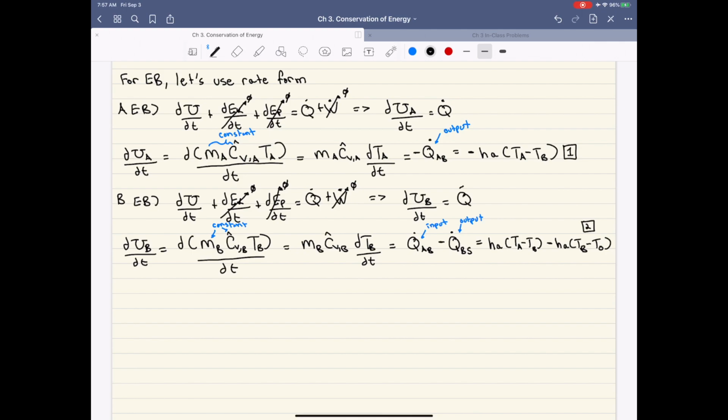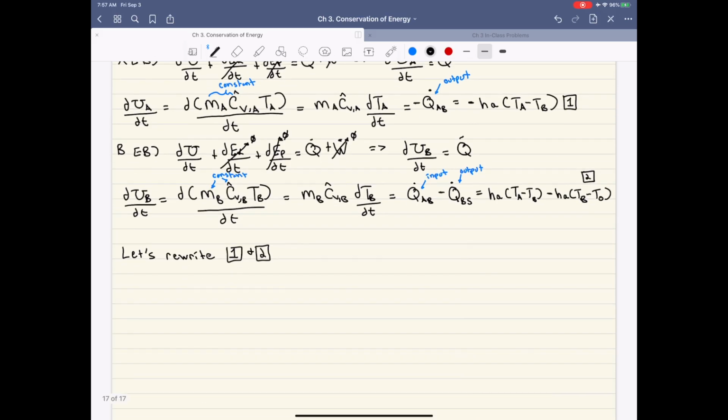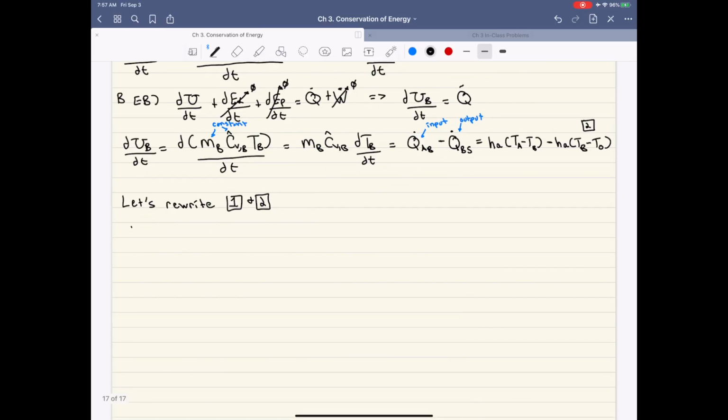So we have the energy balance for the gas and the energy balance for the cylinder. And now I want to rewrite them for a bit, just kind of arrange them so that they're all together. For system A, we have dTA/dt, and what I'm doing is dividing the equation by the mass of system A and the heat capacity.